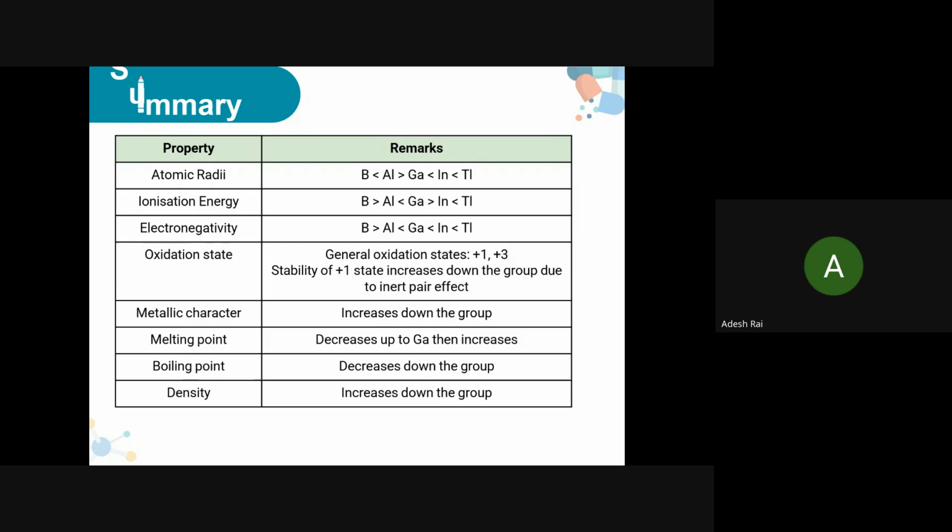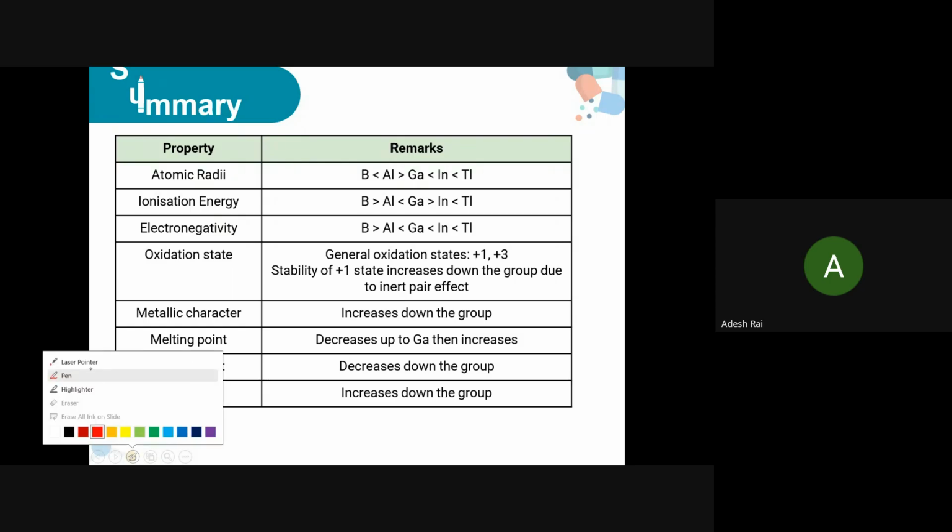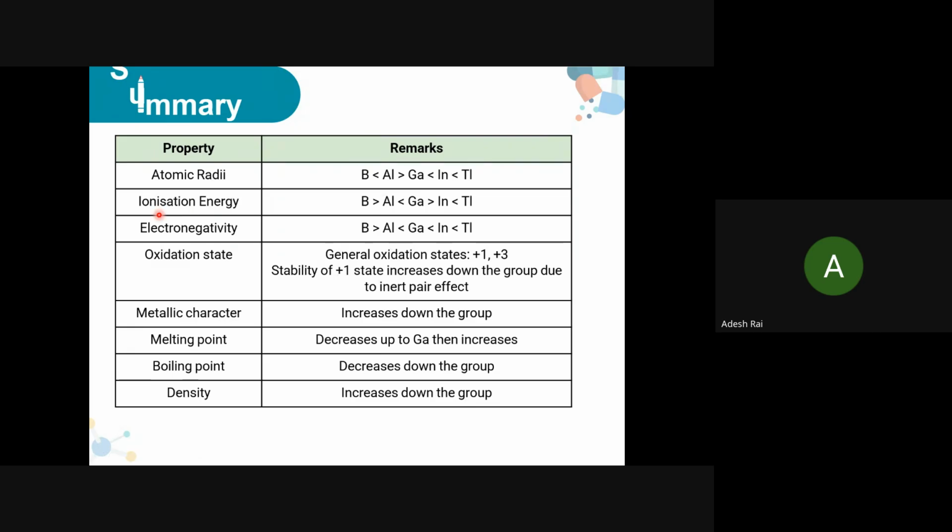And I told you strictly that you don't have to remember electronegativity for any other series, but for the boron family, you have to remember the electronegativity trend. Why? Because it has discrepancy due to atomic size variation.